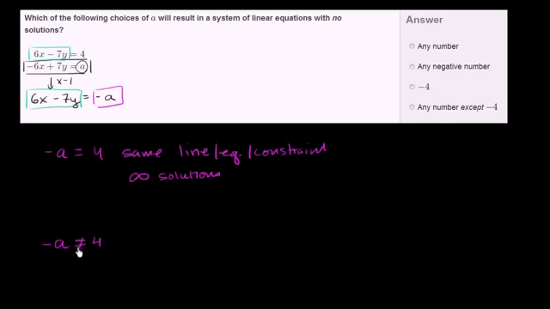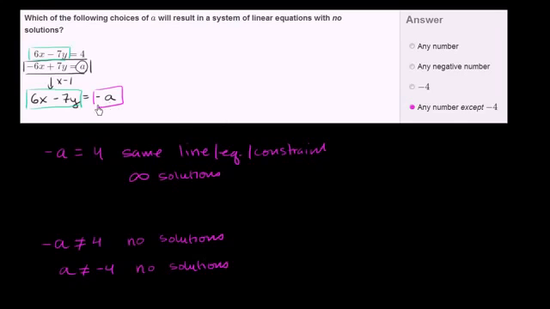So if negative a is not equal to 4, then you're going to have no solutions. Or another way of saying this is if a does not equal -4. Obviously, if a is equal to -4, then negative a is equal to 4. So as long as a does not equal -4, you're going to have no solutions. So a can be any number except for -4.